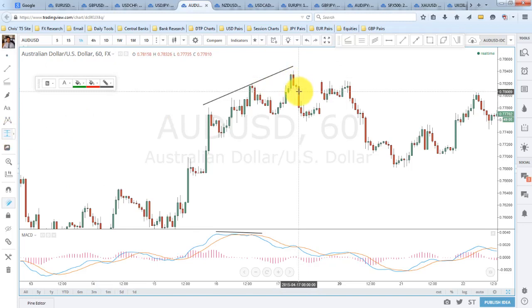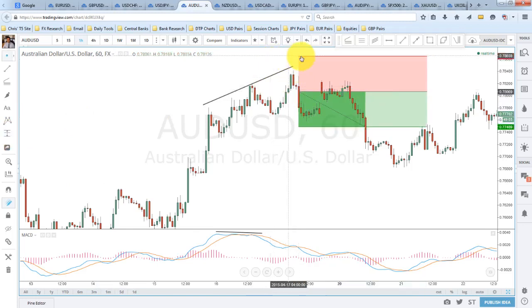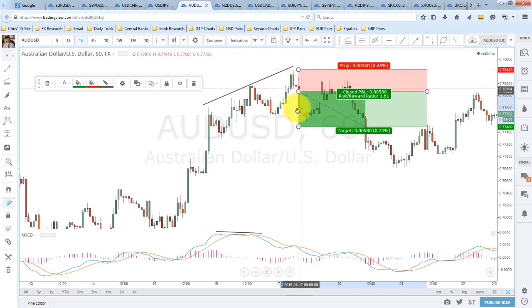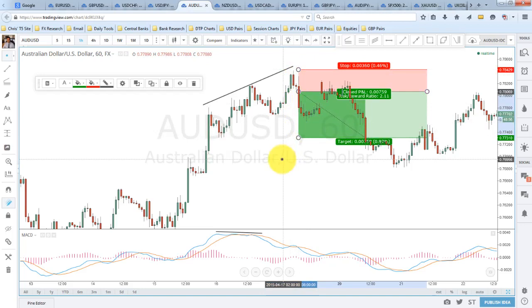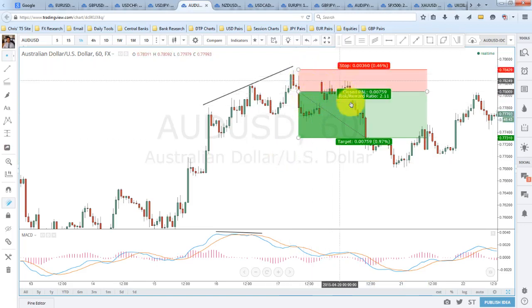We would have entered into the market right here. Stop loss would have been above the high. The target at this point would be all the way here, and that would have given us a 2.1 to 1 reward to risk ratio. And in this case, the trade worked out.